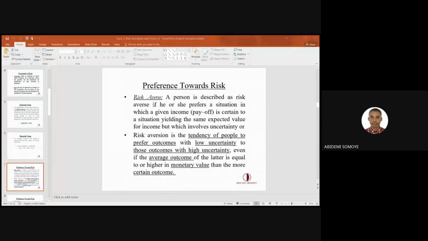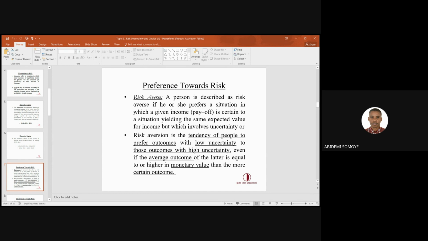Okay, so let me, so risk averse. A person is described as risk averse if he or she prefers a situation in which a given income payoff is certain to a situation yielding the same expected value for income, but which involves uncertainty.